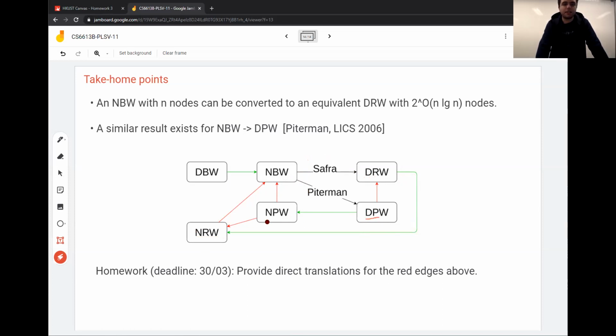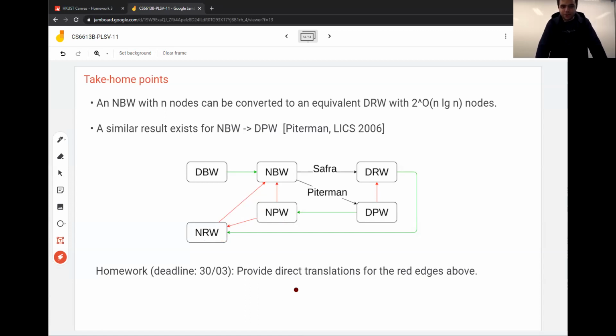So deterministic parity to non-deterministic parity. And I've shown this with green here. And there are a bunch of not exactly trivial, but not hard ones that I've shown in red. So for example, going from deterministic parity to deterministic Rabin, or going from non-deterministic parity to non-deterministic Rabin and non-deterministic Büchi.